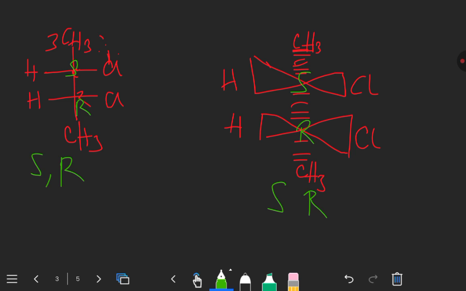Let's now determine the configurations. So you can see that we have SR, but this side we have SR, even this side we have SR. Okay, let's just go through one more time. So 1, 2, 3, we are moving like that.